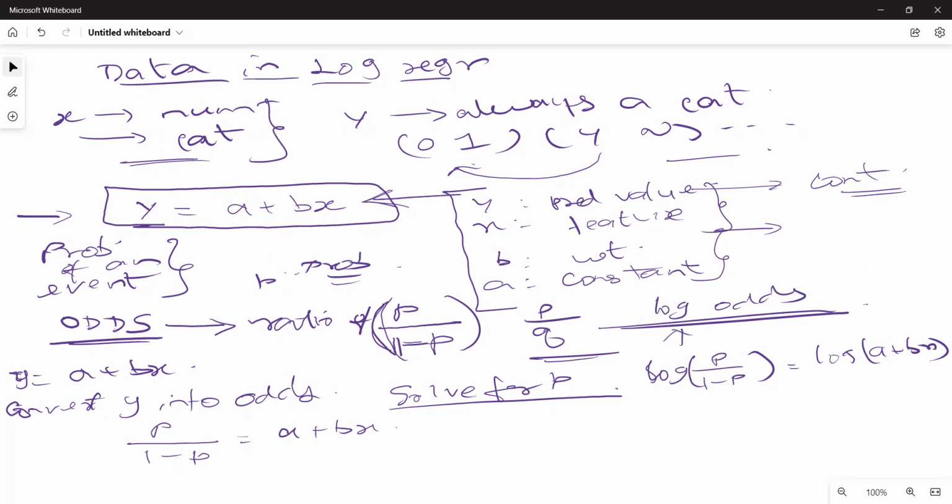This is what you get as an output in the summary, the log odds of a certain variable. Now, if I solve for p, the equation becomes p equals 1 upon 1 plus e raised to minus (a plus bx).